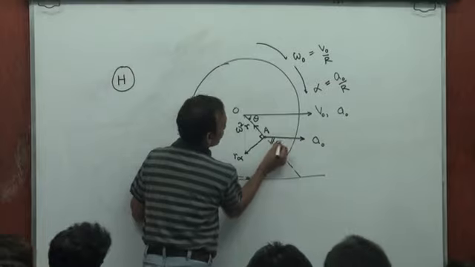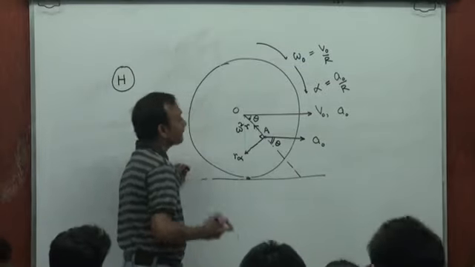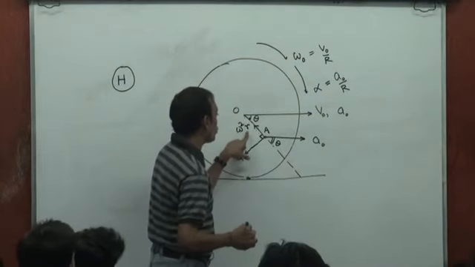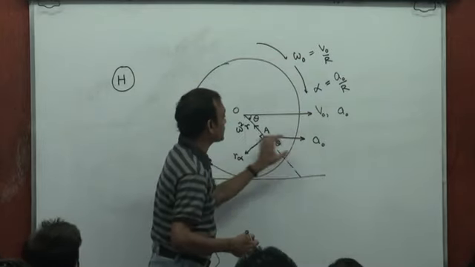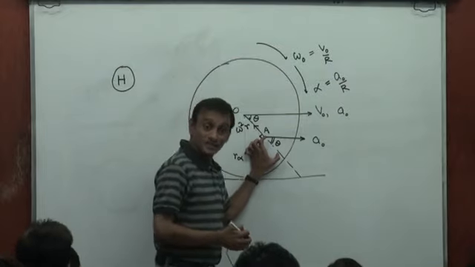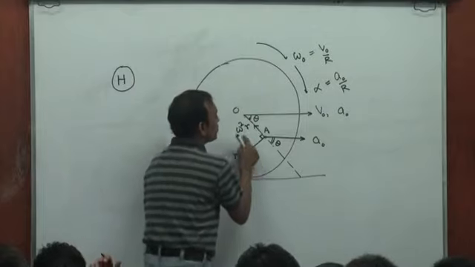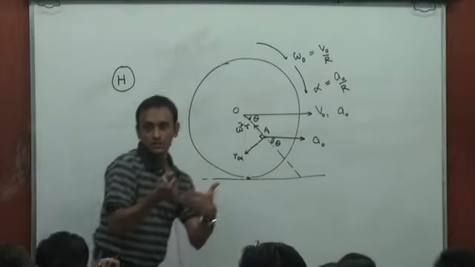Now, this angle obviously is theta. Do you realize that in the radial direction, omega squared r must be taken care of by a naught cos theta, right? In the radial direction, net acceleration 0 means omega squared r must be a naught cos theta.